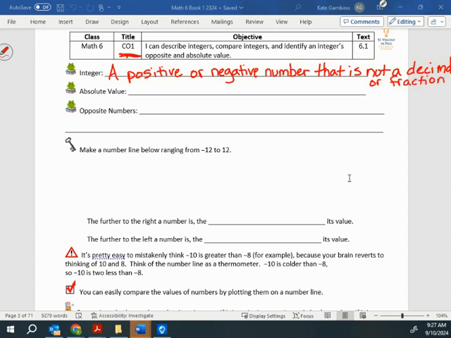So an integer can be positive or negative, but it cannot have a decimal point with numbers after it. It cannot be as a fraction.